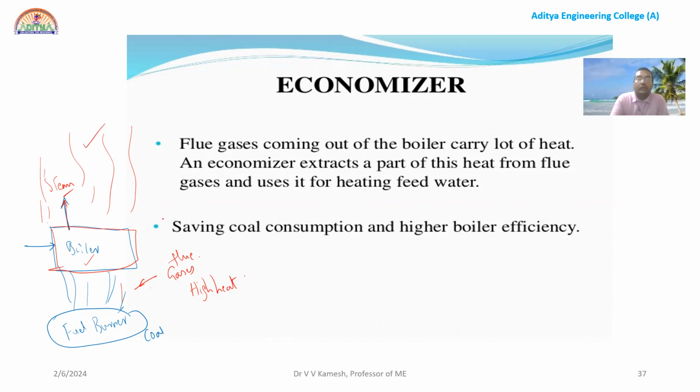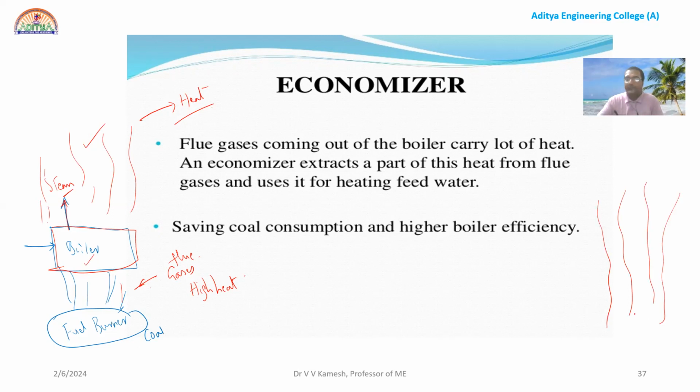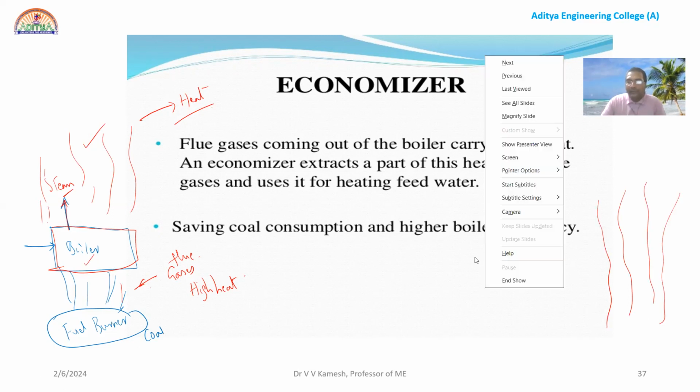So what we need to do is extract the heat from the flue gases. How to extract? Now I will show you on the right side. These are the flue gases. From these flue gases, I need to get energy coming out.